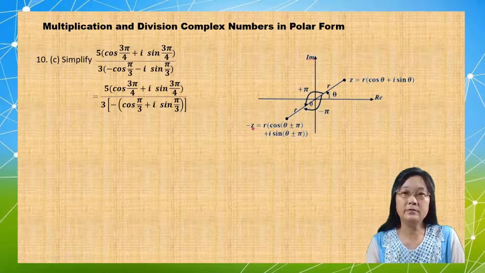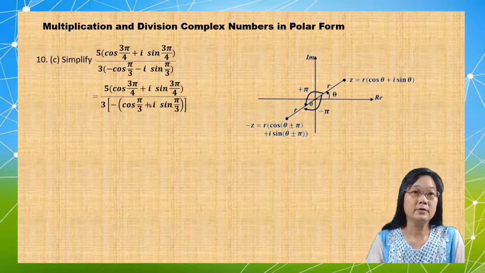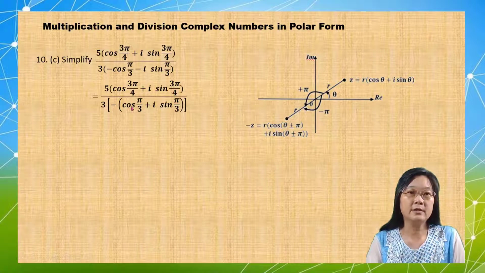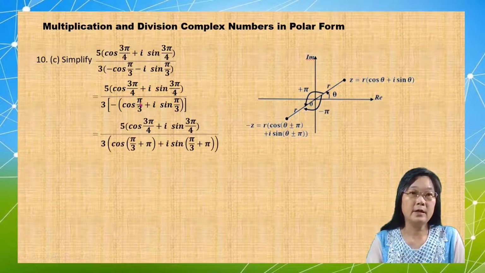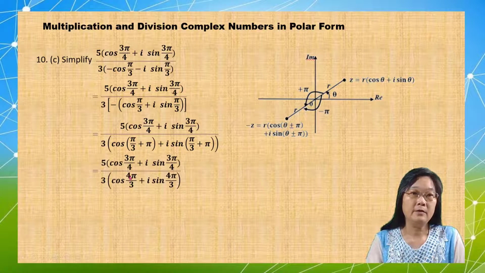So same thing, if we want to change negative z to positive z, the argument of negative z must be plus or minus pi to get the argument of z. So here we want to change negative to positive, so the argument must be pi over 3 plus or minus pi. So here I choose plus pi. So when we simplify, we get 4 pi over 3.